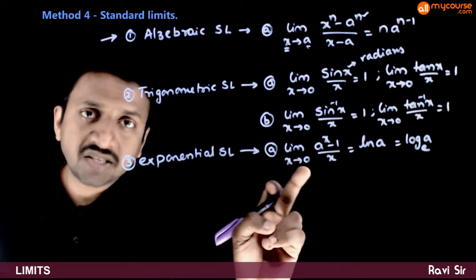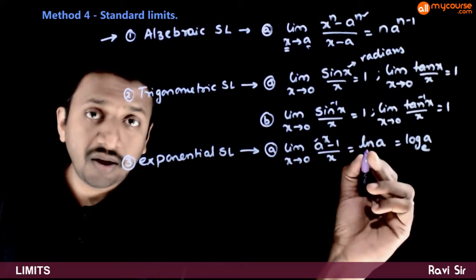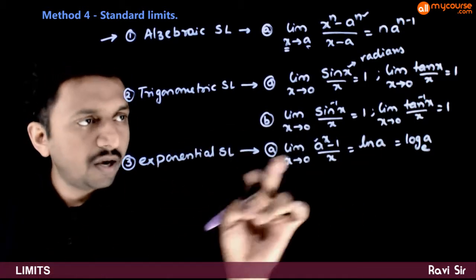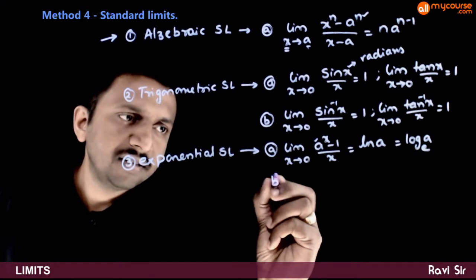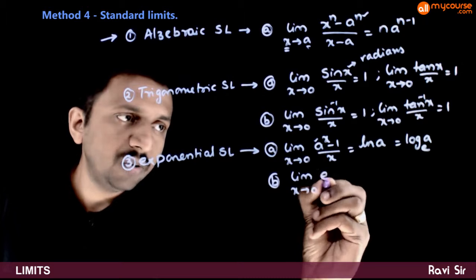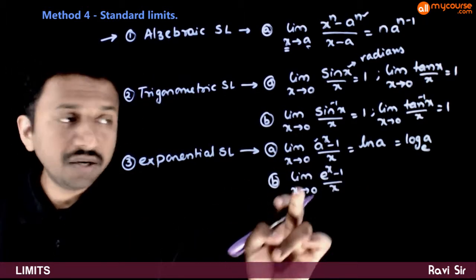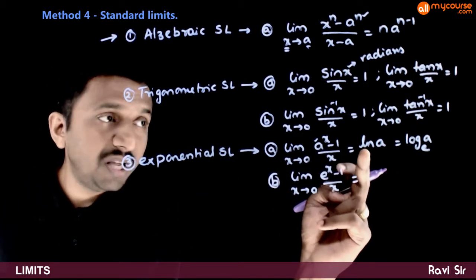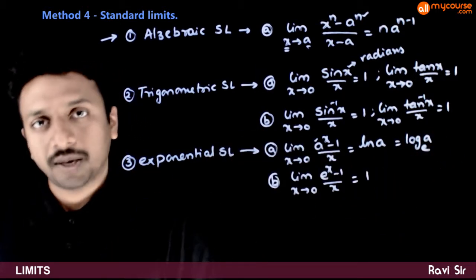So limit x tends to 0 any number power x minus 1 by x is equal to logarithm of a to the base e. And in the special case where a is equal to e, limit x tends to 0 e to the power x minus 1 by x is equal to ln e, that is log e to the base e, which becomes 1.